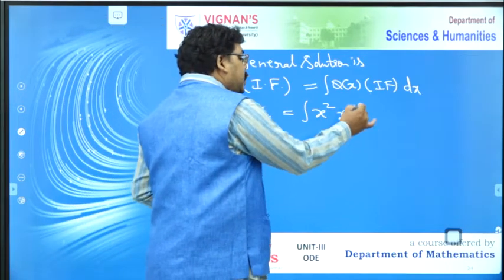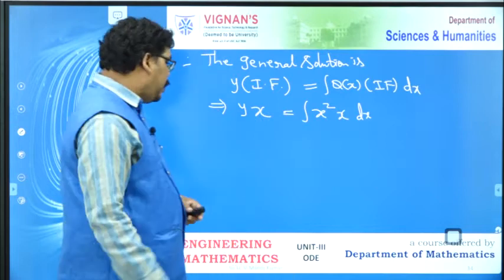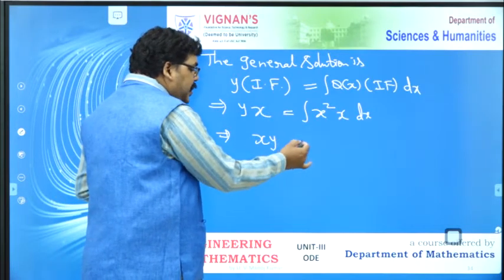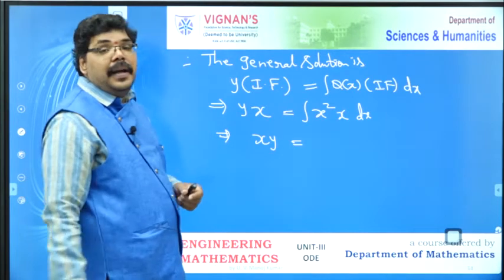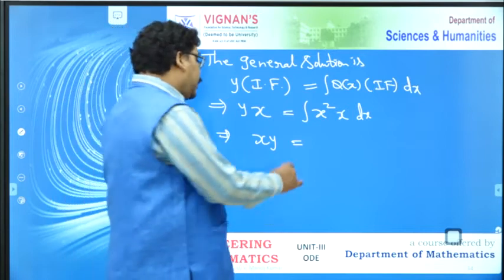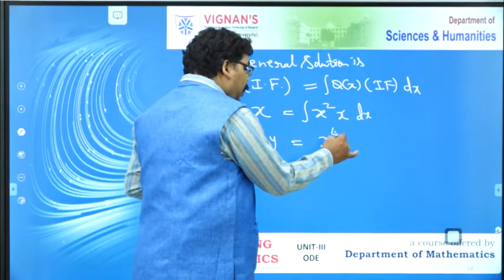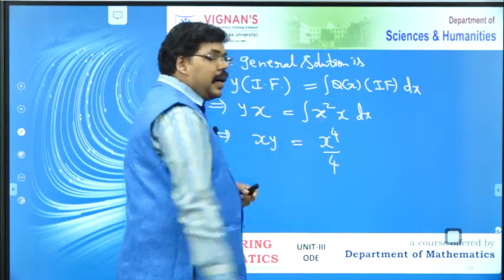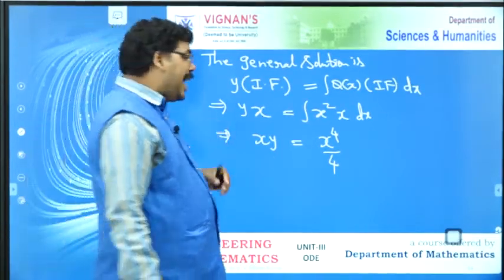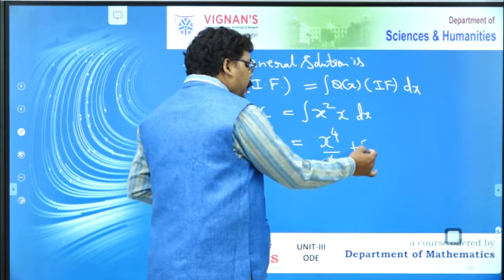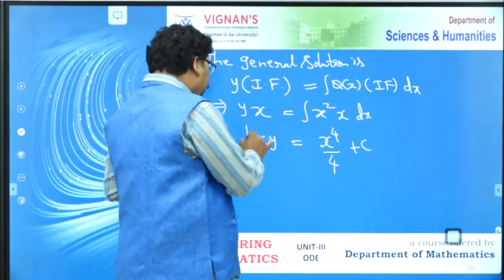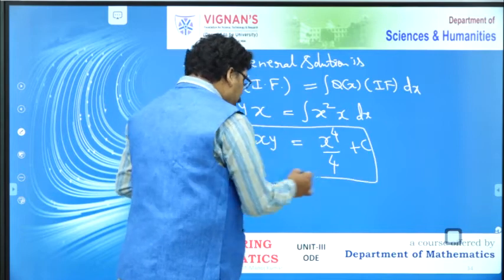X. X square into x becomes x cube. Integral of x cube, what is the integral of x cube? X power 4 by 4. So integration is over. So add the constant plus c. So this is the solution for the second problem.